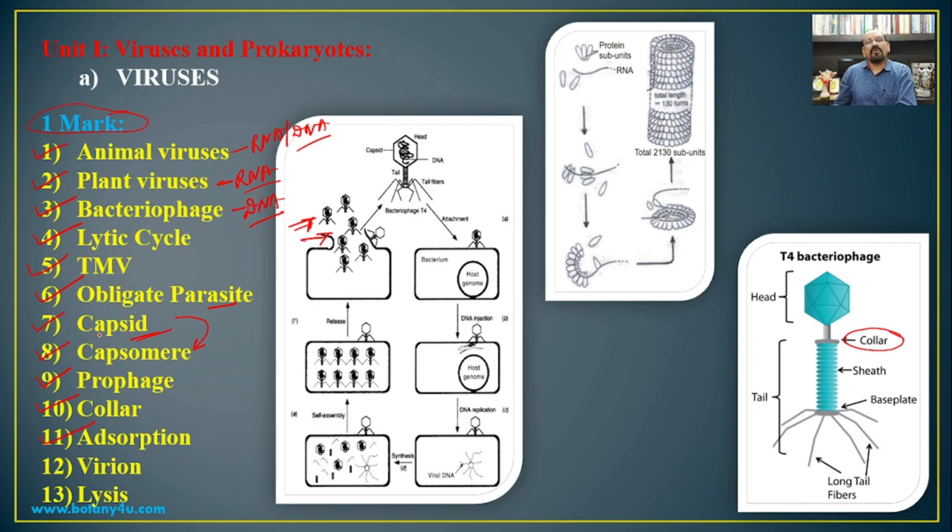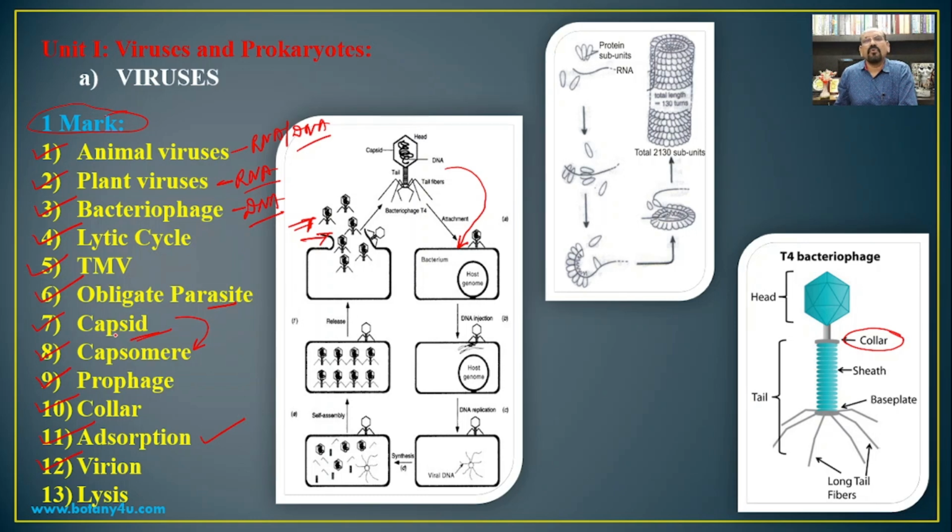During the lytic cycle or the multiplication of T4 bacteriophages, first of all the bacteriophage attaches itself on the cell wall of the bacterium, and this process of attachment is known as adsorption. Then virion.